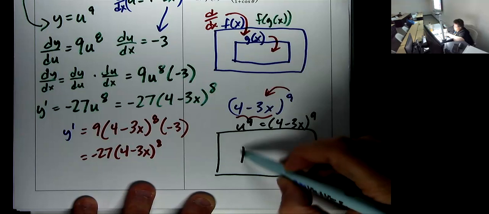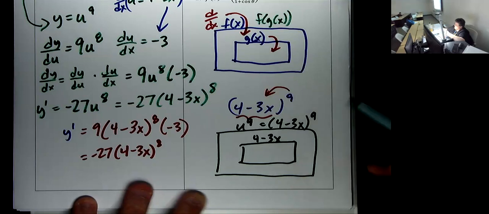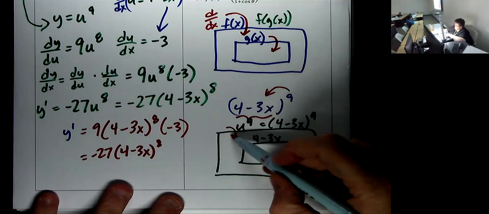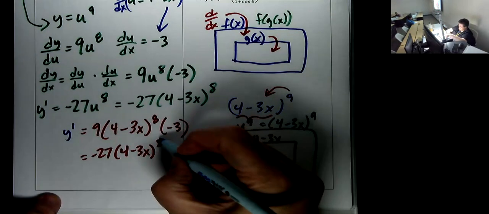And then we go inside the box. All we have left here is the 4 minus 3x that we're taking the derivative of. So you do the derivative of this one, and then you do the derivative of that one. And that is an 8.